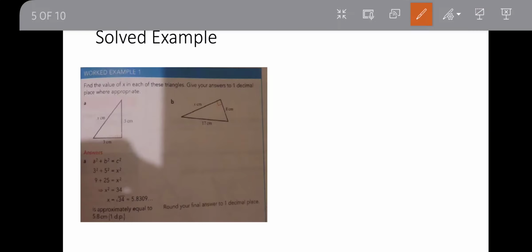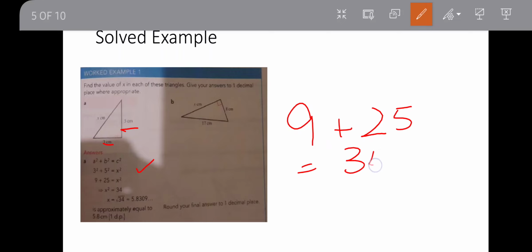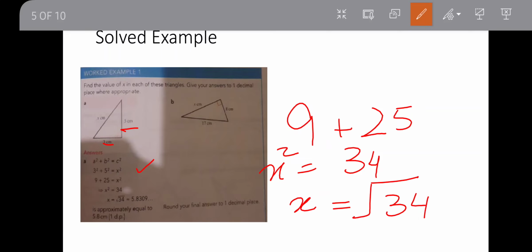Applying that here, 3 square plus 5 square is equal to x square. 3 square is 9, 5 square is 25, and they add up to 34, which is equal to x square. To find x, we find the square root of 34. It is calculated with the help of the calculator and comes out to be 5.8309, which is equal to 5.8 centimeters up to 1 decimal place.